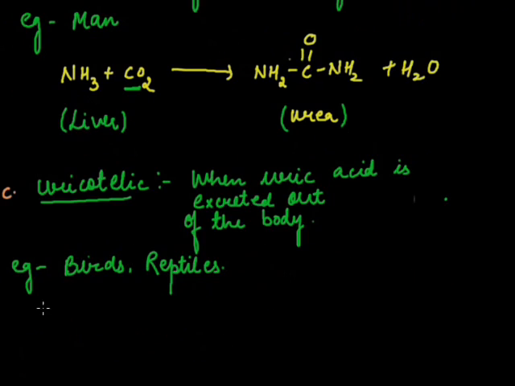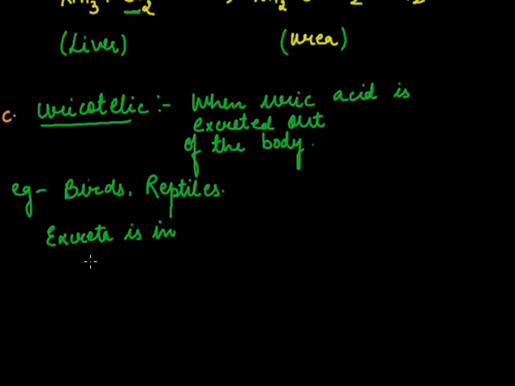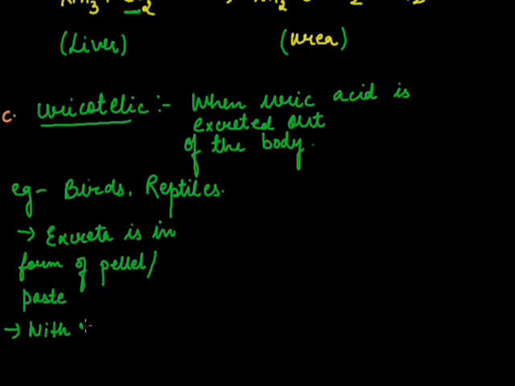In birds and reptiles, the excreta is in the form of pellet or paste. This is about uricotelism.